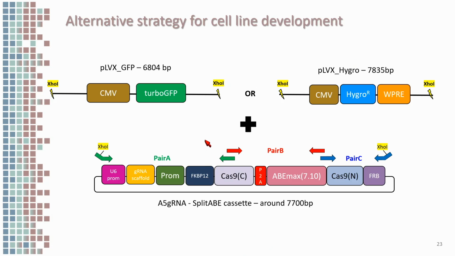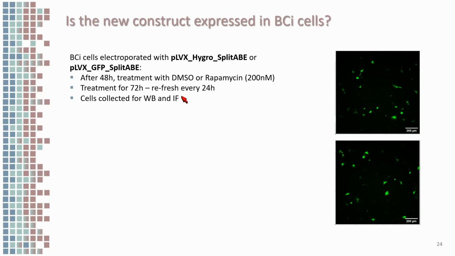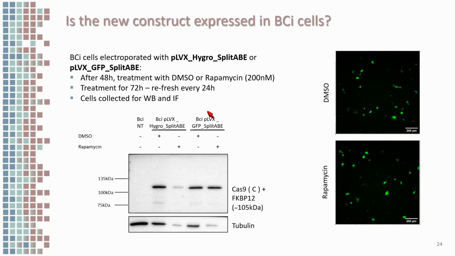We are also assessing the expression of these vectors in the BCI cell line. So as I've shown before, in this case we electroporate the cells with either the hygromycin construct or the GFP construct. 24 hours after transfection we treated the cells with DMSO or rapamycin, and then we assessed the levels of Cas9.